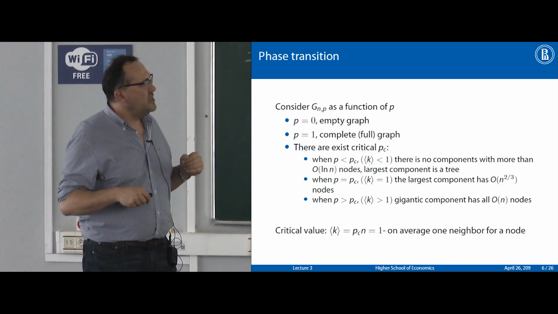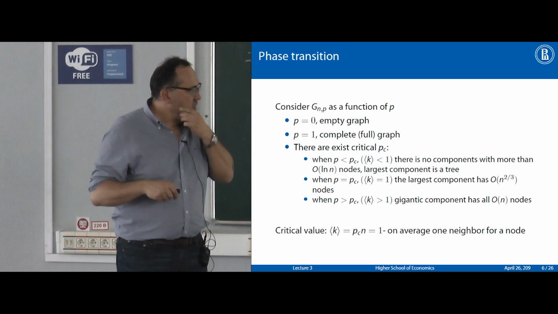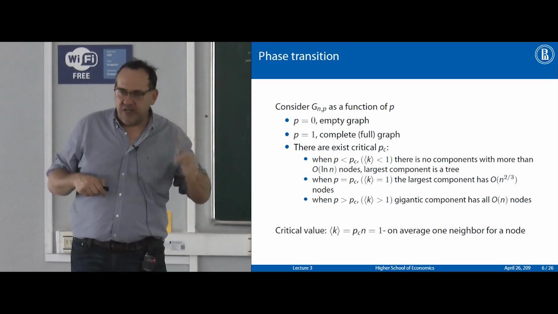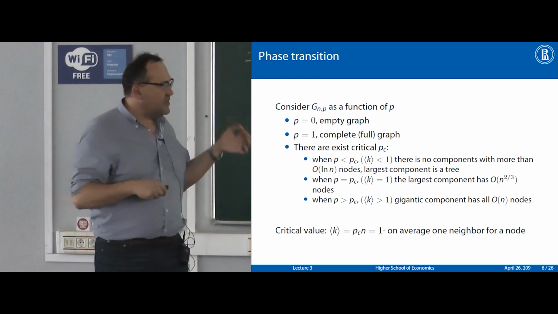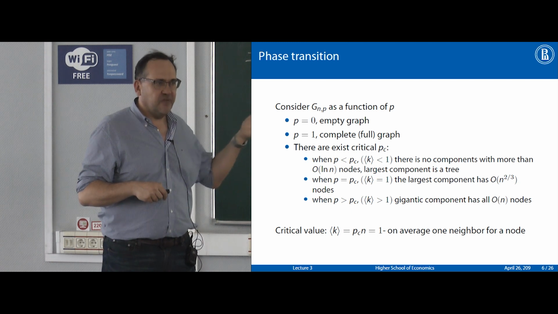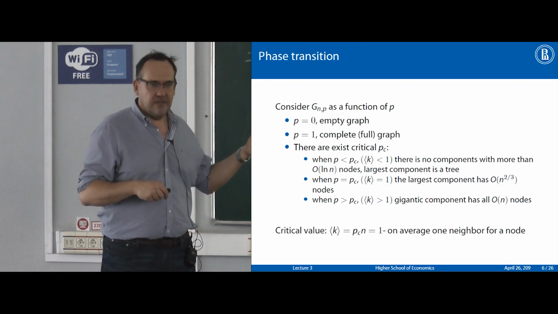And when it is greater than critical, it is of order n, which means all nodes will be there. And the theory actually gives you this critical value. The critical value is when P, the probability of connection, times the number of nodes in the graph, is equal to 1.